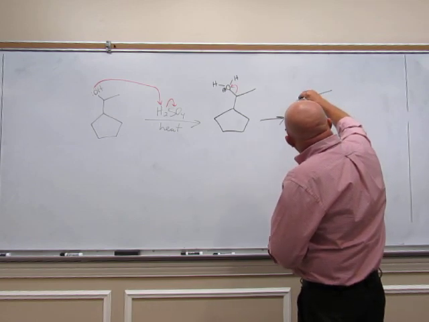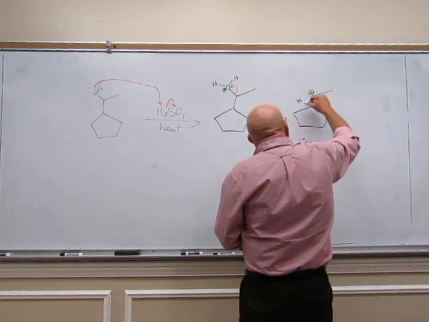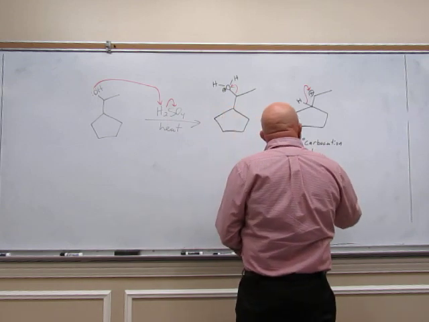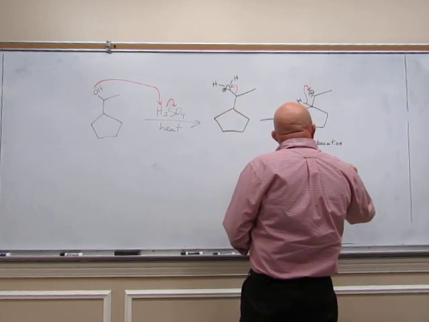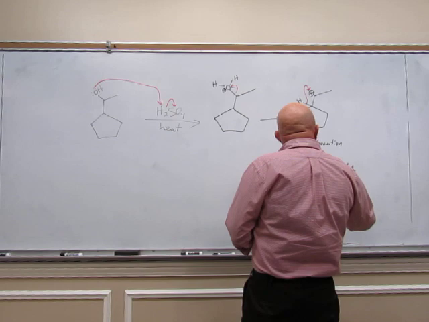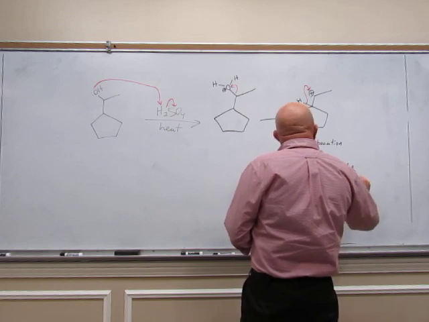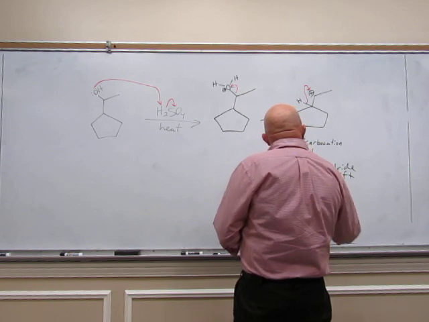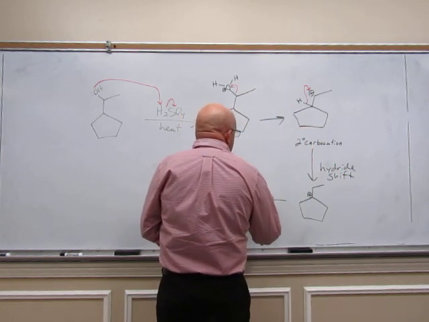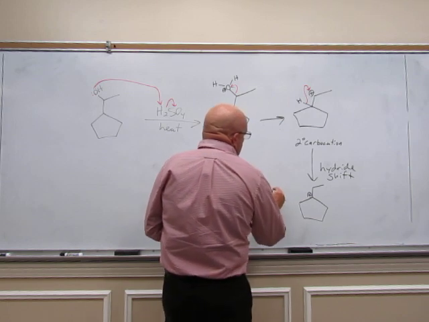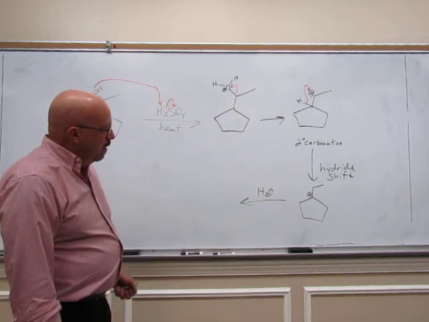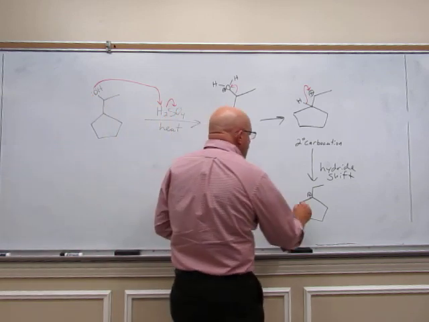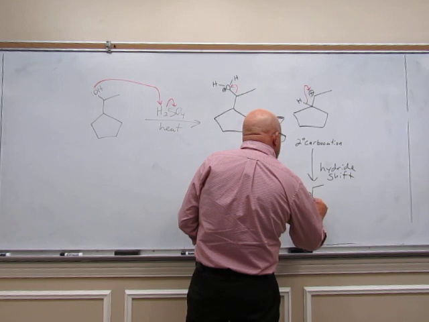If we do a hydride shift, then it can get to a tertiary carbocation. We want to grab a beta hydrogen. Alpha is where the cation is.